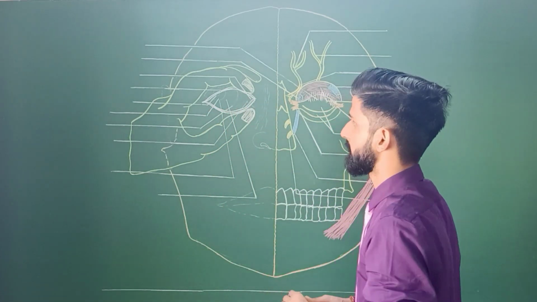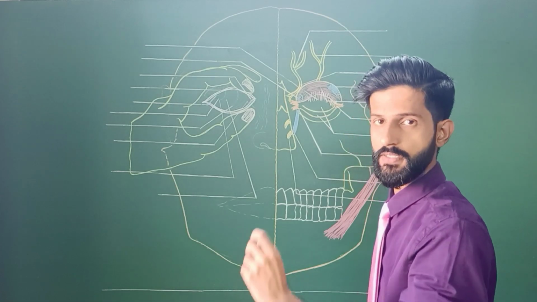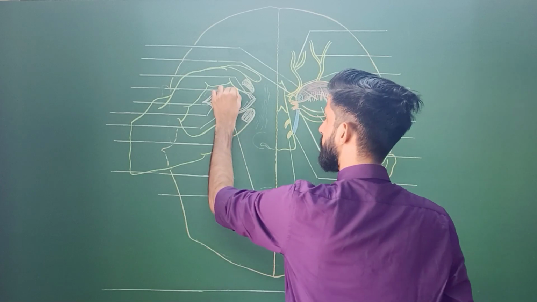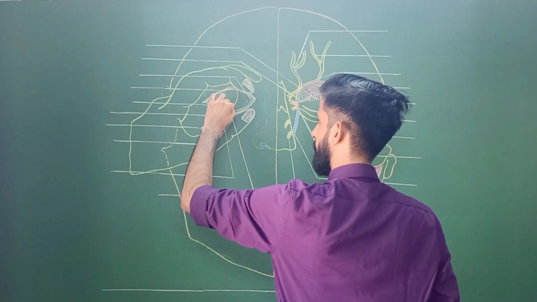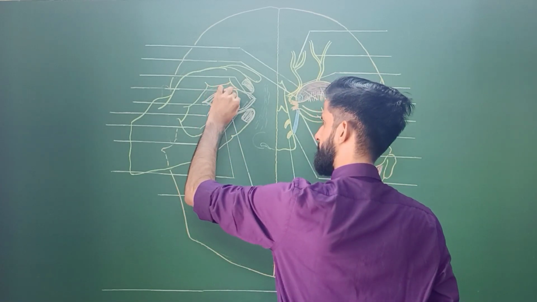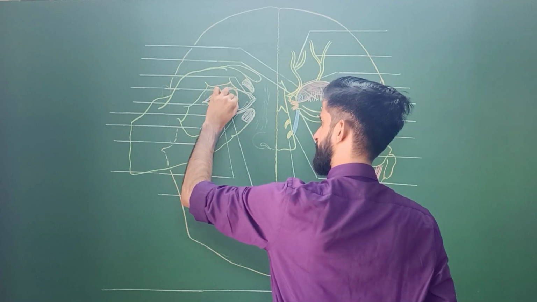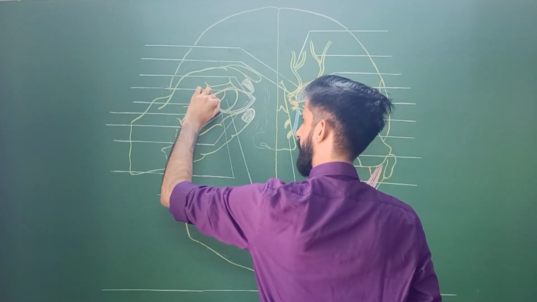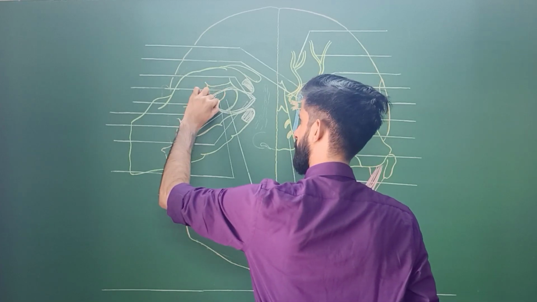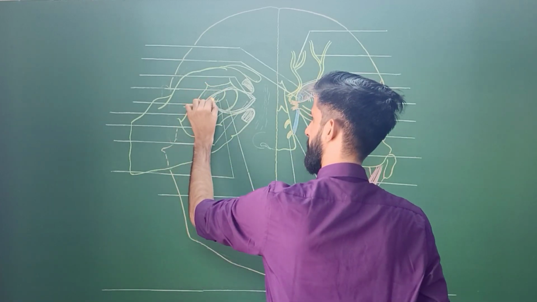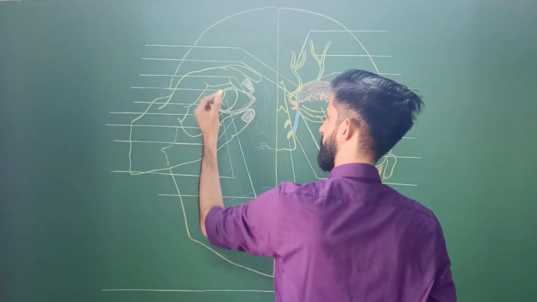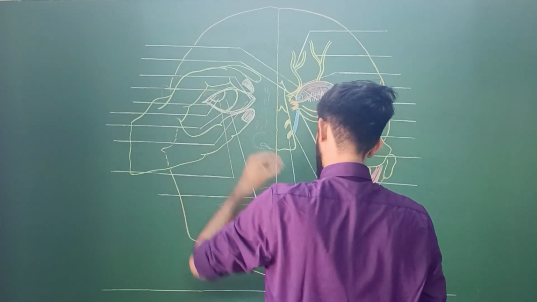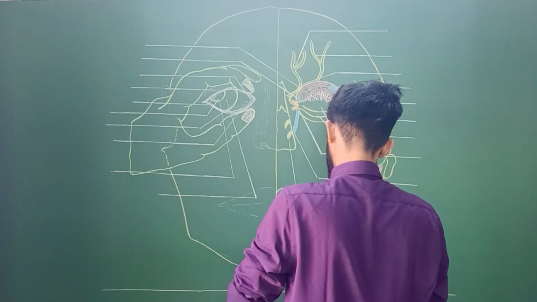Now, inside this we will consider the lens and the eyeball. Let us say this is the eyeball and this is the lens. Followed by the pupil.